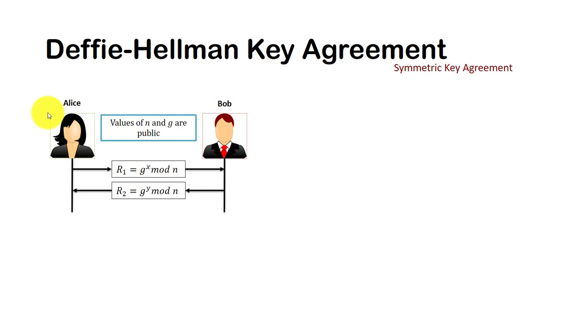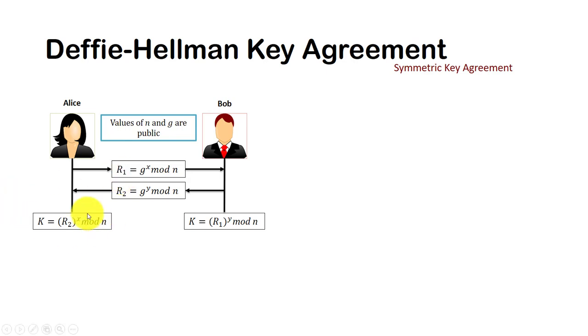So once these two messages have been exchanged, Alice calculates r2 to the power x. Why? Because r2 is the value received from Bob, and x is something that Alice knows, and therefore Alice uses x for the exponentiation. And similarly, when Bob has received r1, he will be calculating r1 to the power y mod n.